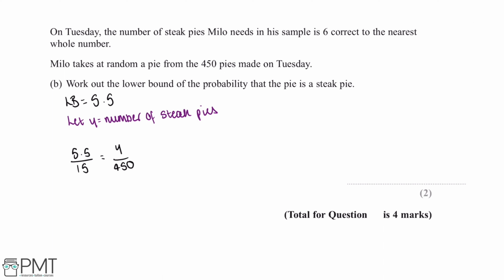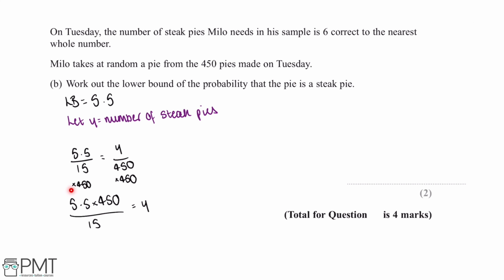And again, we want to rearrange this equation to make y the subject. So we can multiply both sides by 450. This gives us 5.5 times 450 divided by 15 is equal to y.